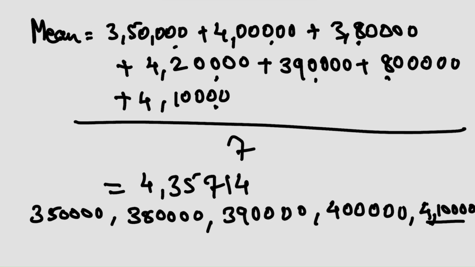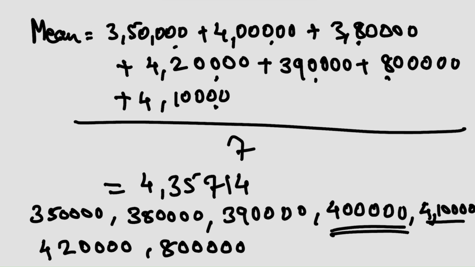I would arrange all these 7 items in order. Let me just complete this one so that there is no confusion: 4 lakh 20,000, then the last one, that is 8 lakhs. If you look at this, there are total 7 values. The middle value is the fourth value, that is 4 lakhs. So the median would turn out to be 4 lakhs.